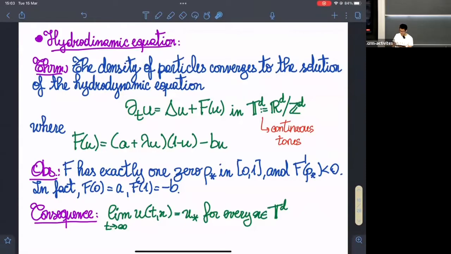And in our particular case, the function f can be computed in a rather explicit way, and is equal to that.